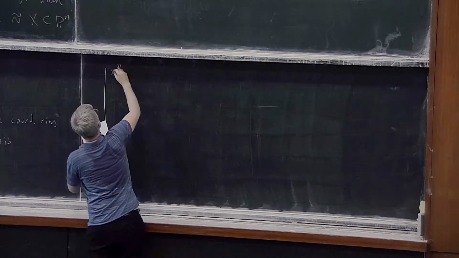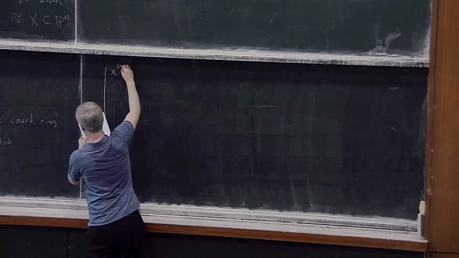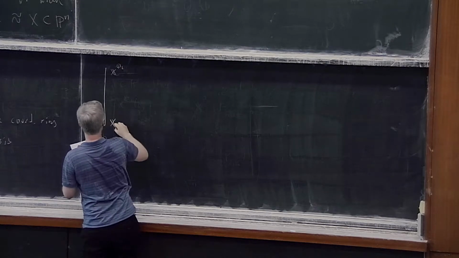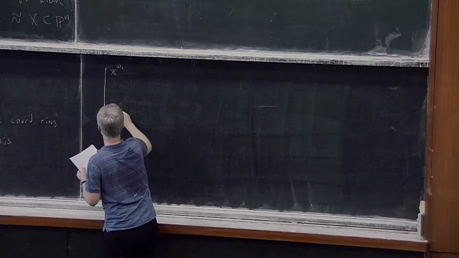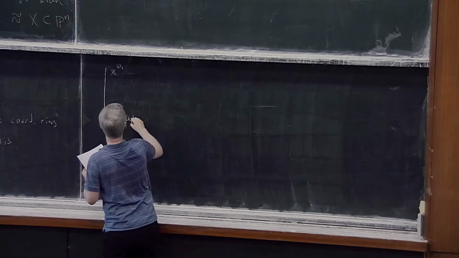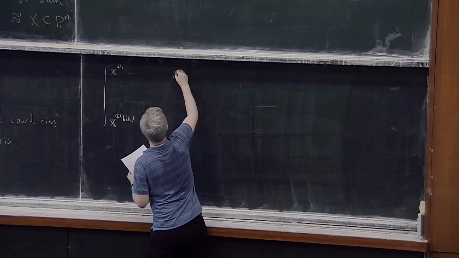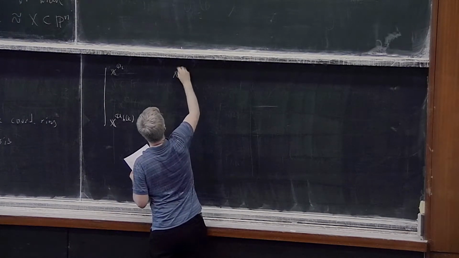So now I evaluate this polynomial here. I have h_k monomials, and now I evaluate them at the same number of points.